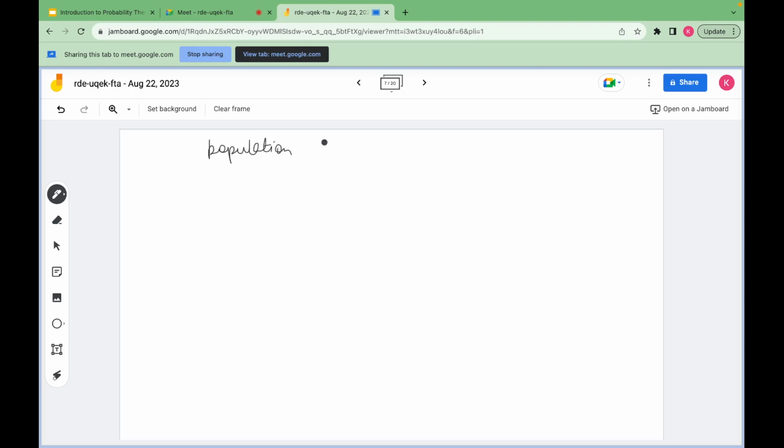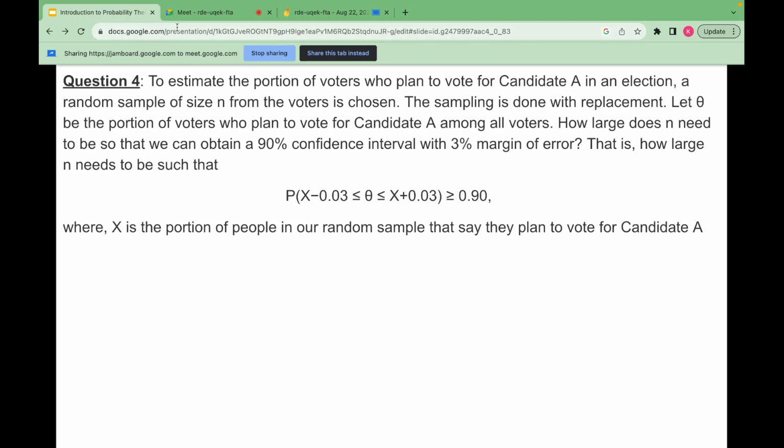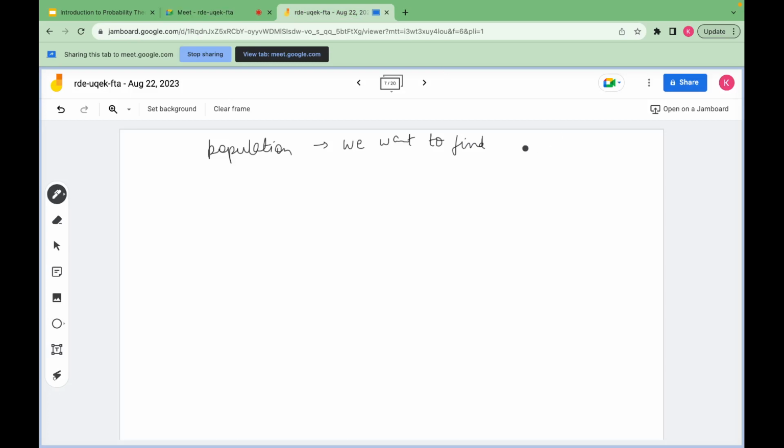So we have a population. We will need to find the value of n so that this probability should be greater than 0.9.